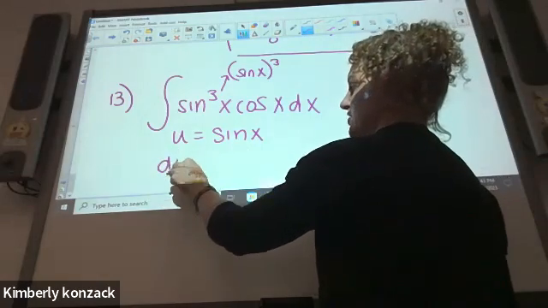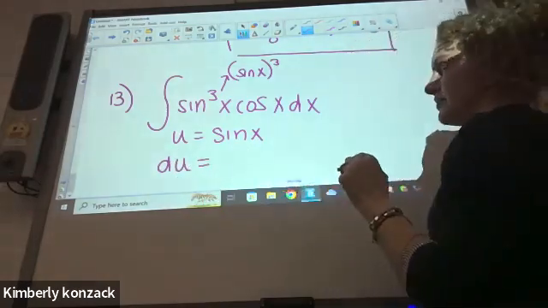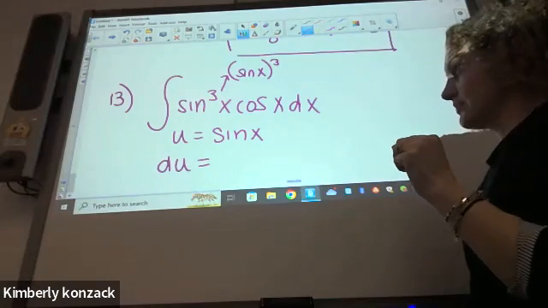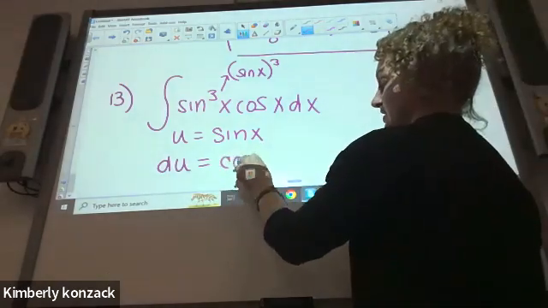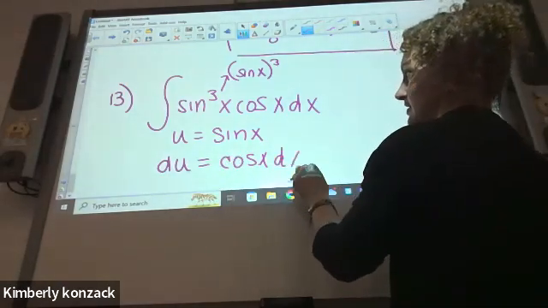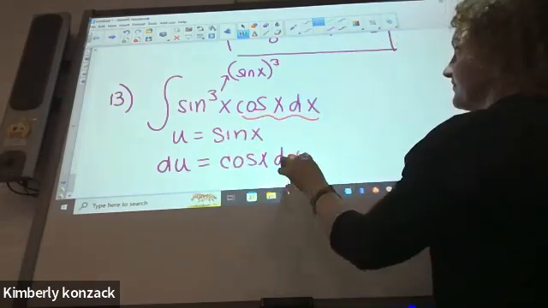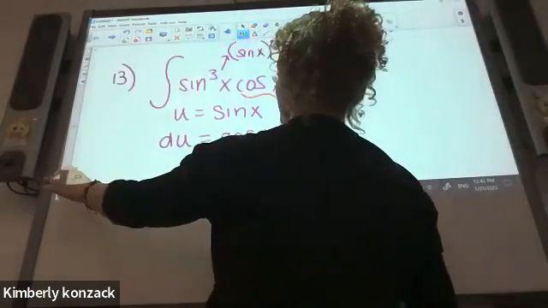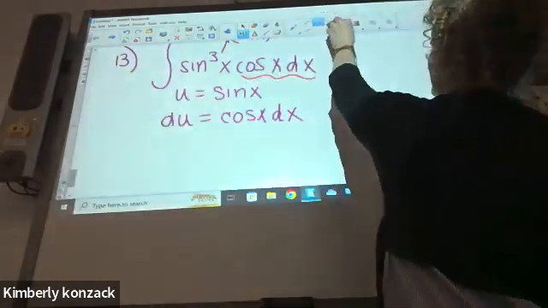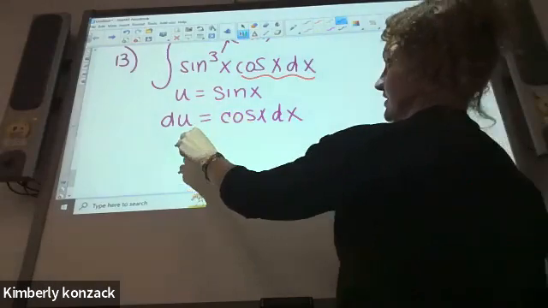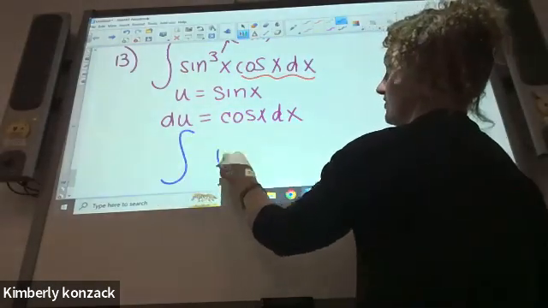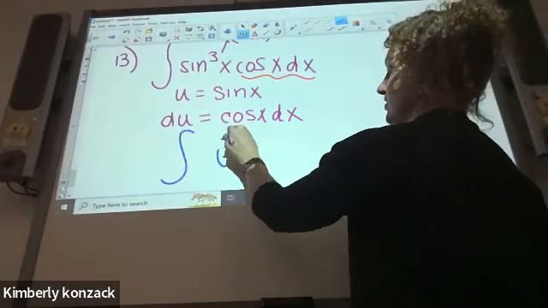So du would be equal to cosine x dx, so that's going to be replaced. Let's pick blue this time. Now you have the integral of u cubed, and all of this is du.